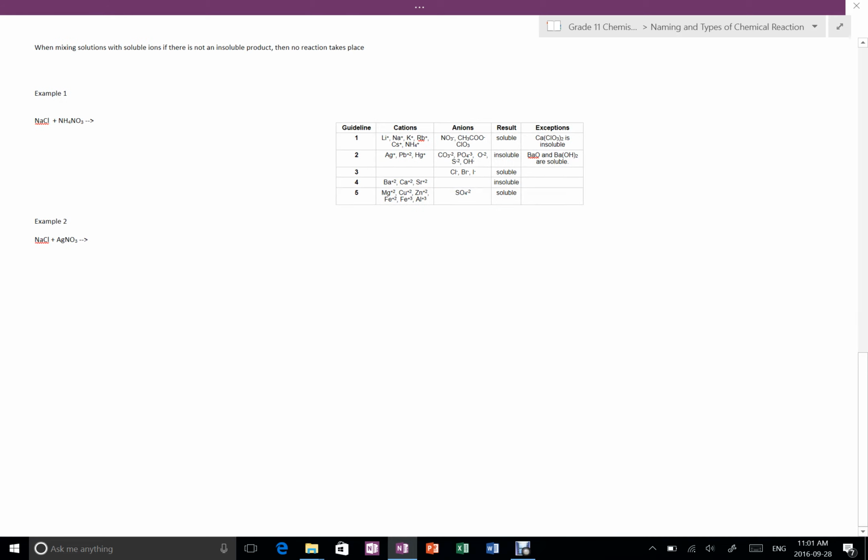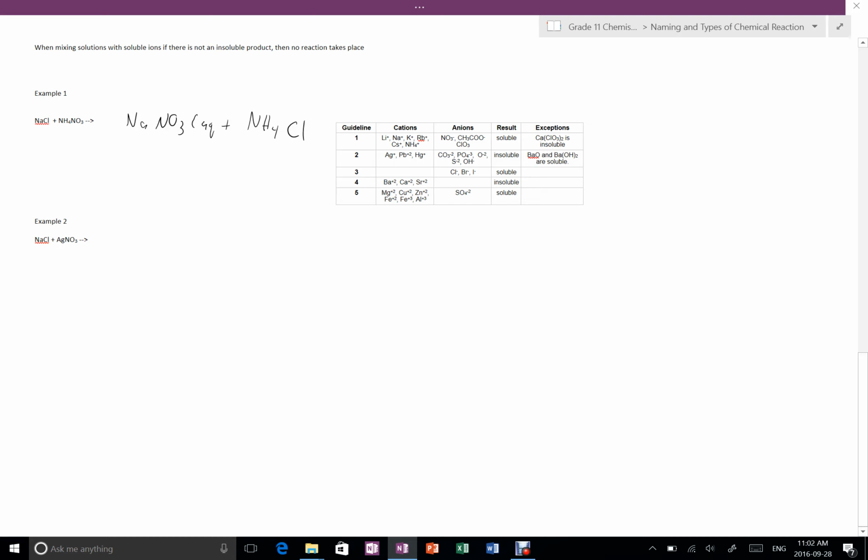Let's look at a few examples here. Sodium chloride mixing with ammonium nitrate. So I'm going to switch those up: sodium nitrate and ammonium chloride. And now I'm going to check all of these in this chart to see if they're soluble or insoluble. Nitrate and sodium both make this soluble.